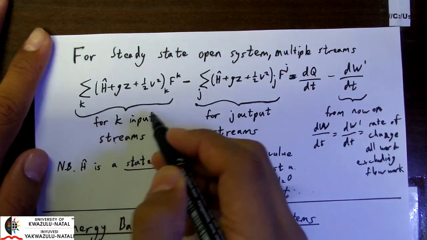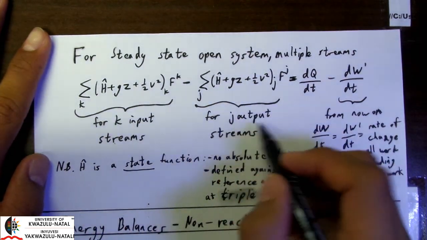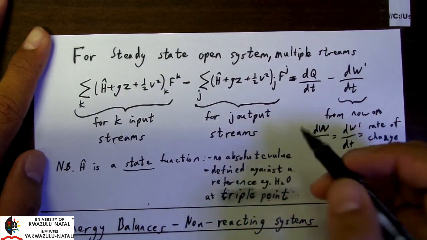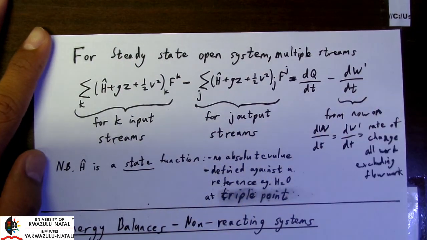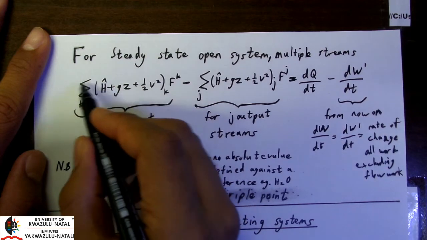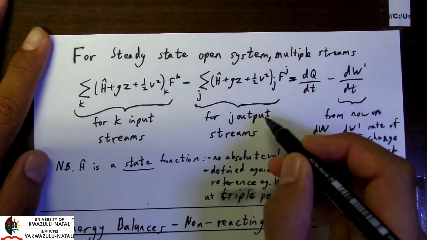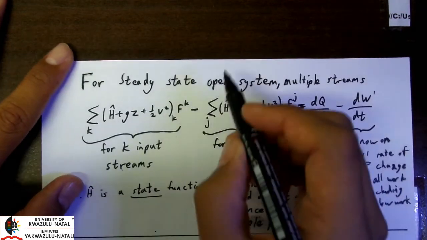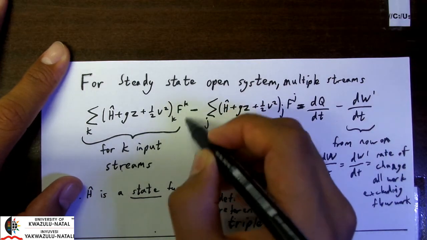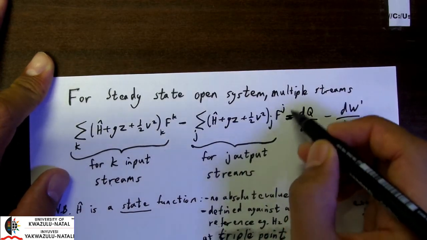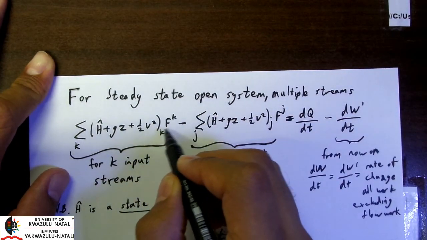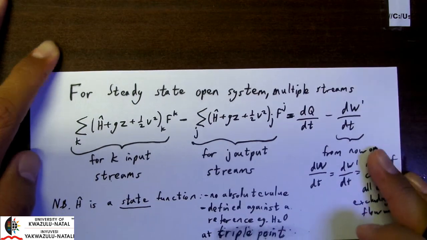We may have multiple input streams and multiple output streams to our system, not simply just a single input and output stream. So we have to include a summation, and each stream will of course have an associated flow rate. So that's our flow rate there, a mass flow rate.